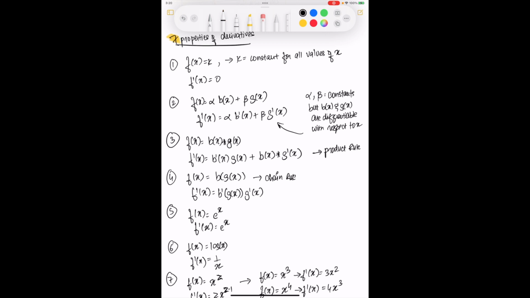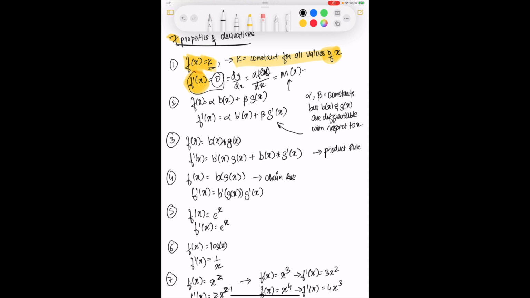The first one: if given a function f of x equals k, where k is a constant for all values of x, then f dash of x, which is dy by dx, or the derivative of f of x by x, is the same as f dash of x or marginal of x, right? Marginal revenue and marginal cost is the only place where we use this marginal piece, but the derivative of a constant is equal to 0. That's the first property, yeah?